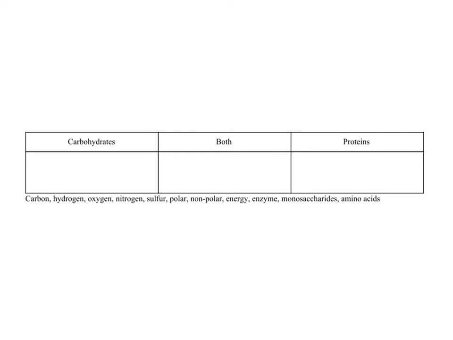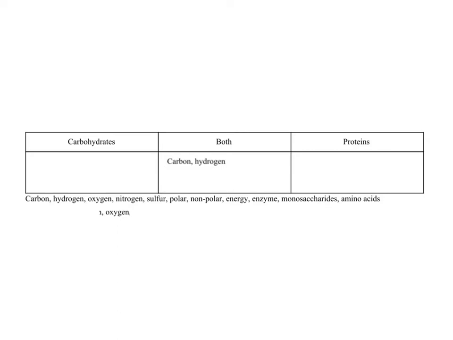For this comparison, some things will be the same, some things will be different. So both carbon and hydrogen belong in, again, every organic molecule. So carbohydrates will definitely have carbon and hydrogen, and so will proteins, so it's going to go in the middle. If you remember what proteins are made out of, they also have little pieces called amino acids, and those contain oxygen.